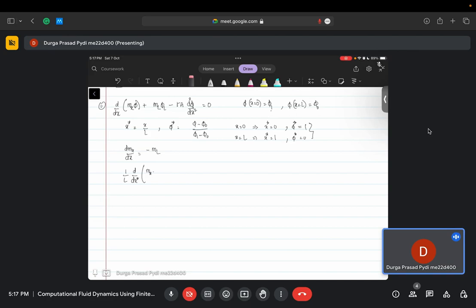Maybe I can write this directly, so that you have phi 1 minus phi 0 coming out, by L times d by dx star of mx times phi star, plus you will have another term with respect to phi 0, but the derivative with respect to phi 0 is 0, so I am just not writing that. Plus you have ml times phi L.